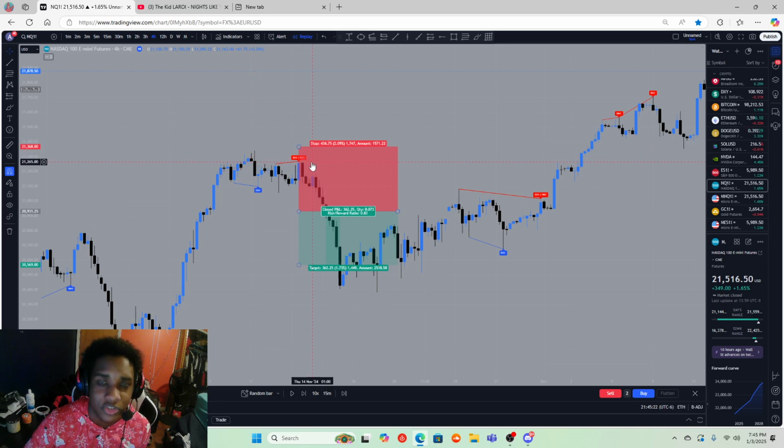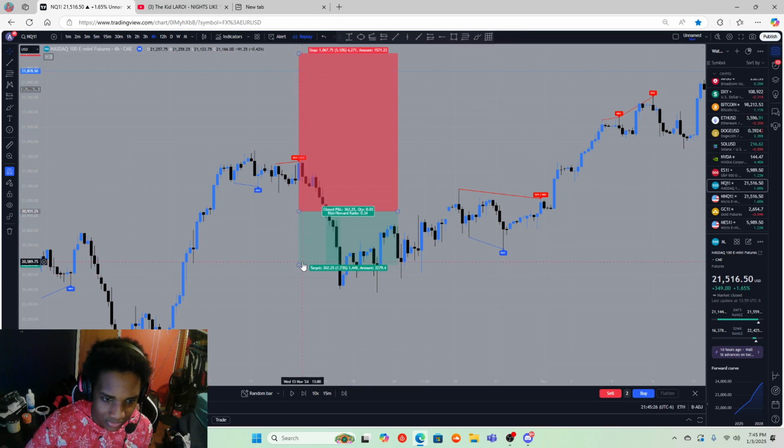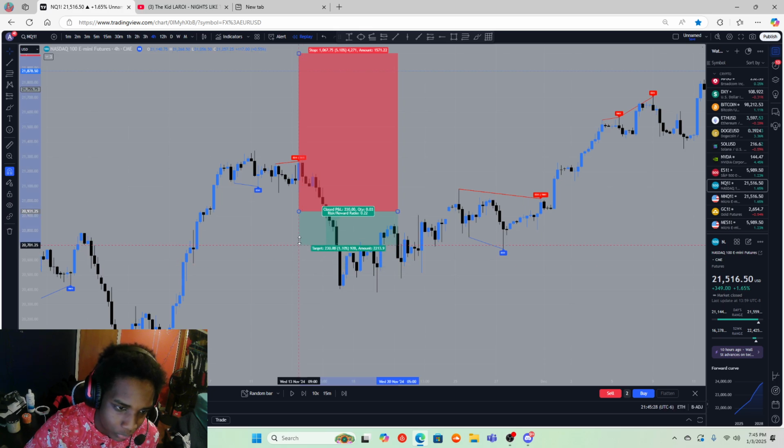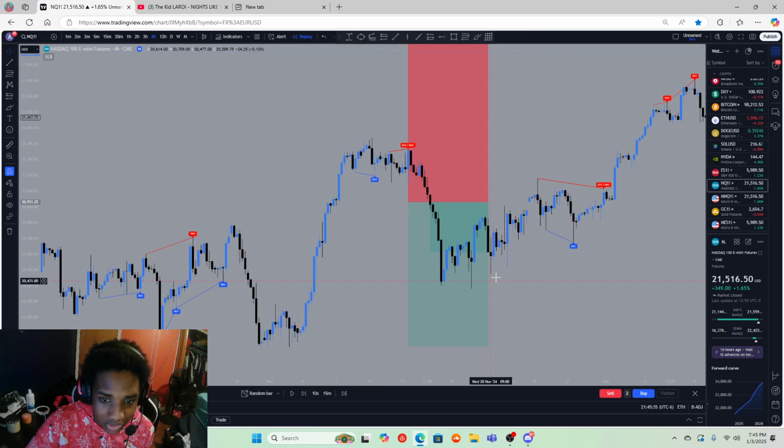That's a smarter stop loss versus something down here. And it could be the same deal with a take profit. Why would you have it here when you could have it down here where there's liquidity and maybe the market will go to it?